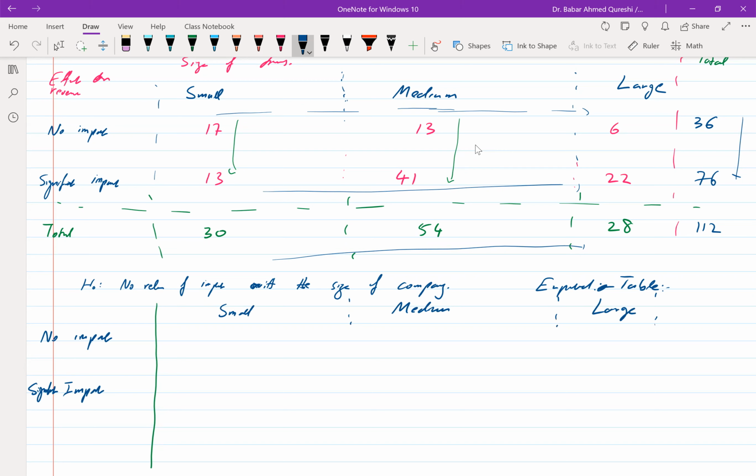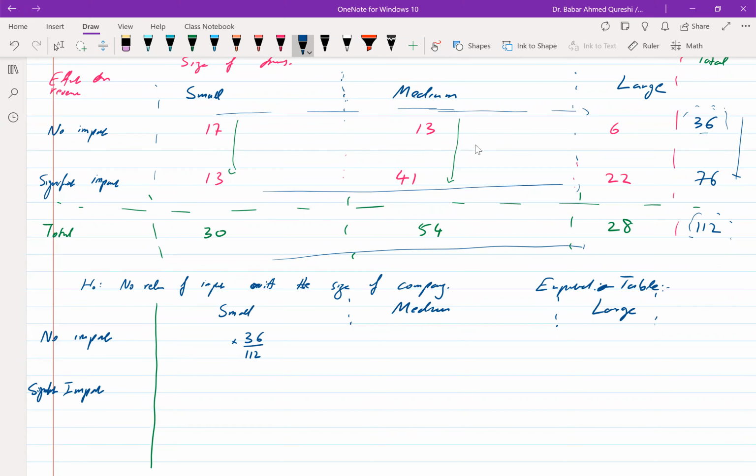So I look over here, I say that I have 36 companies with no impact out of 112. So the probability of a company having no impact on its revenue is 36 over 112.